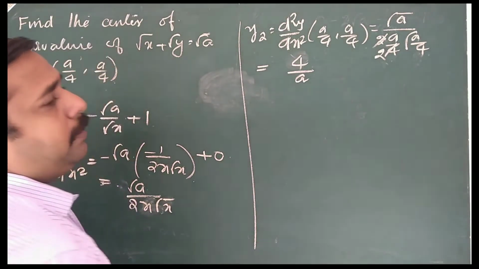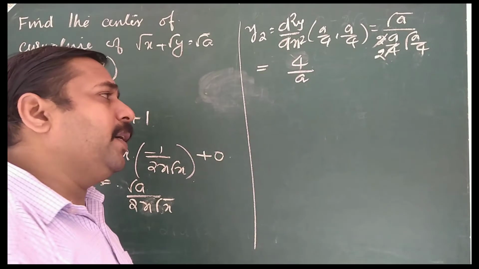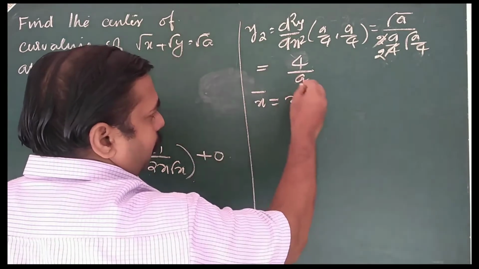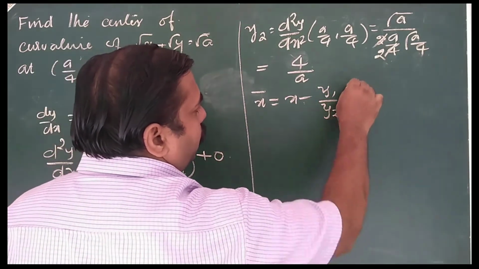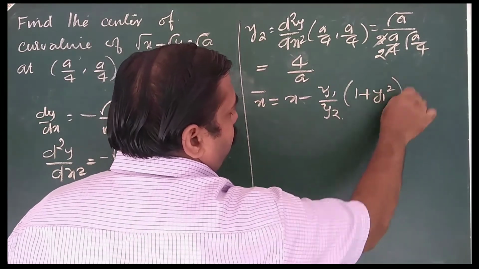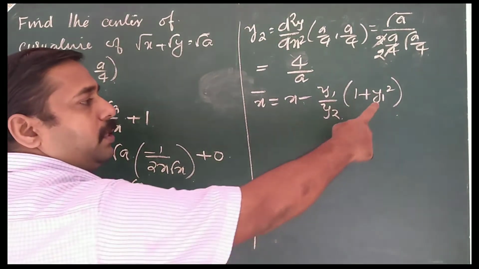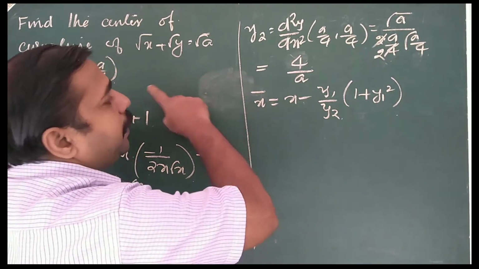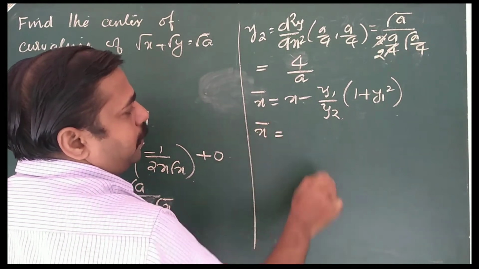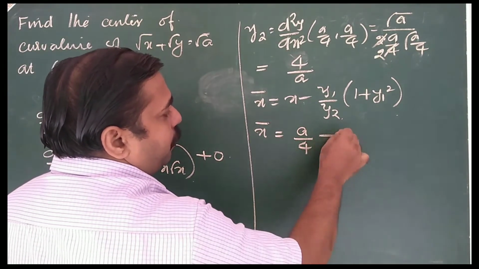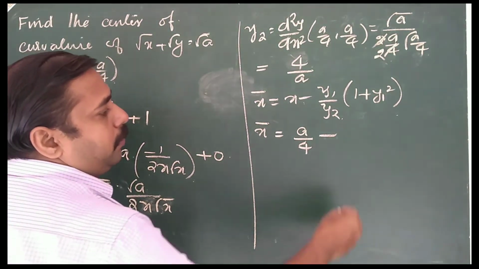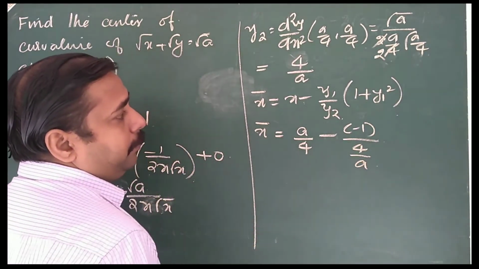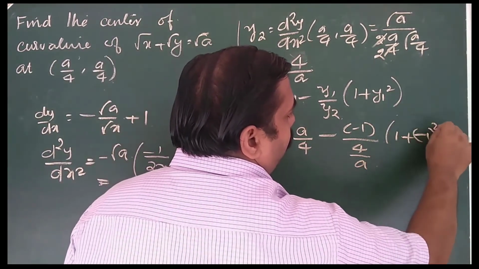Therefore, what are the things we have to find? First, x bar. So what is x bar? x bar is equal to x minus y1 by y2 into 1 plus y1 square. So y1 is equal to dy by dx, y2 is equal to d square y by dx square, and x is the given point. So x bar is equal to x, which is a by 4, minus y1 which is minus 1, by y2 which is 4 by a, into 1 plus minus 1 the whole square.